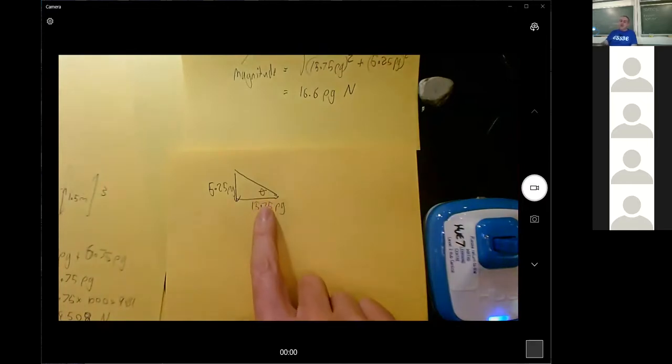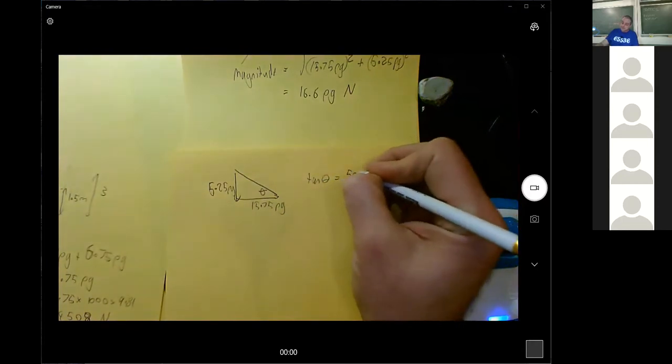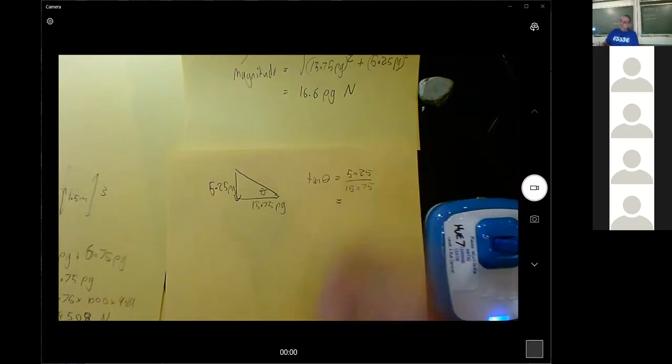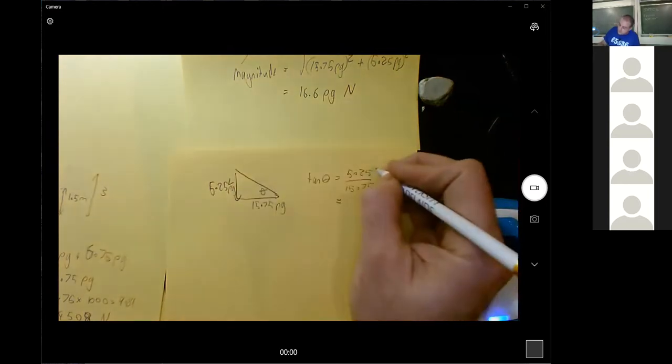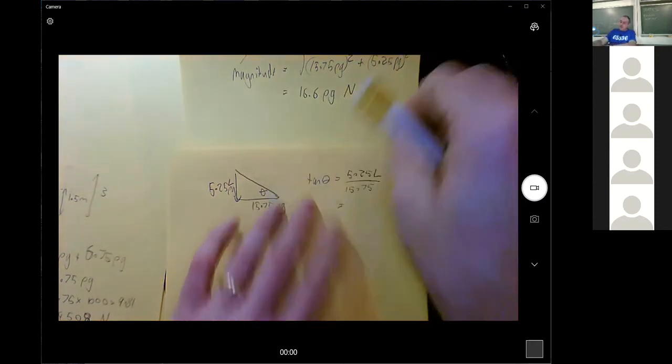So tan of this angle will be that divided by that. 5.25 L, which I cannot figure out, but I'm just going to leave it like that.